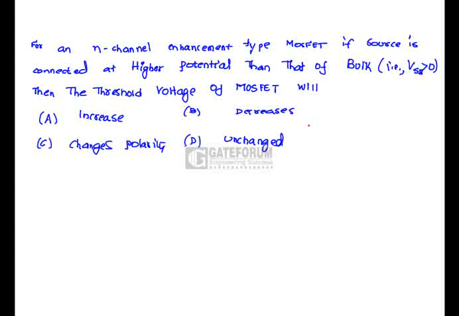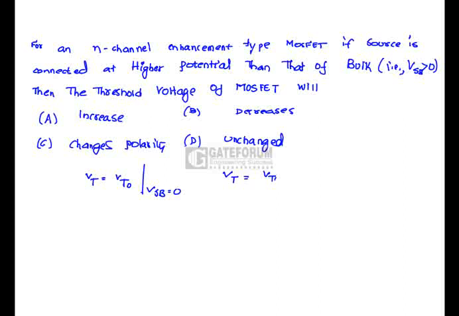An n-channel enhancement type MOSFET, if source is connected at a higher potential than that of bulk, then the threshold voltage of the MOSFET will be... Here we know Vt is equal to Vt naught if VSB is equal to 0. That means the source potential is equal to the body potential or substrate potential. In that case, Vt is equal to Vt naught. So if VSB is greater than 0, that means body effect is going to play a significant role in deciding the threshold voltage.